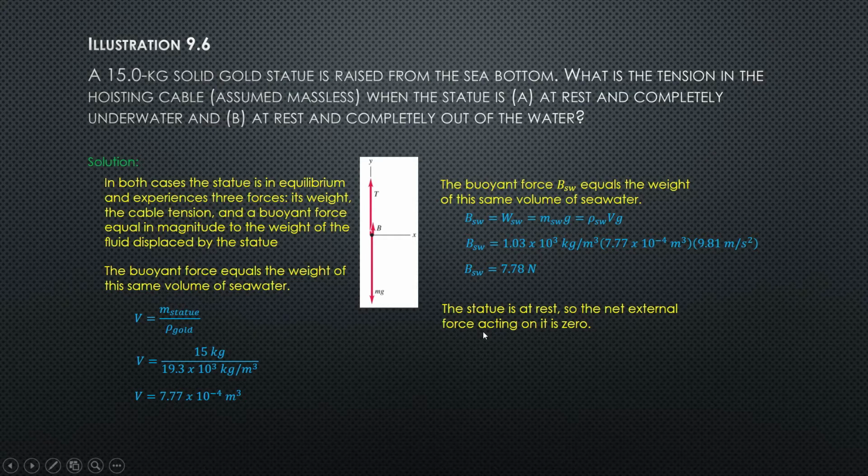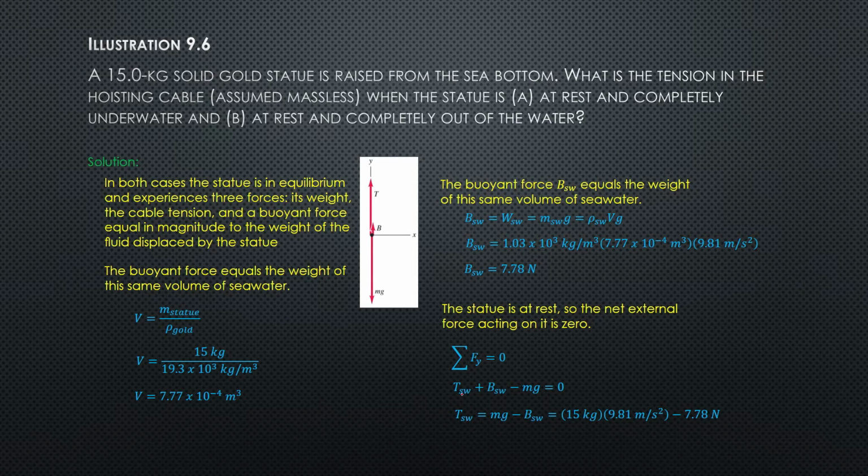The statue is at rest, so the net external force acting on it is 0. The summation of forces along y will be equal to 0. This is at rest, or at equilibrium. From the FBD, for letter A, completely underwater, the tension plus the buoyant force of the seawater minus the weight, negative because it is in the downward direction, is equal to 0.